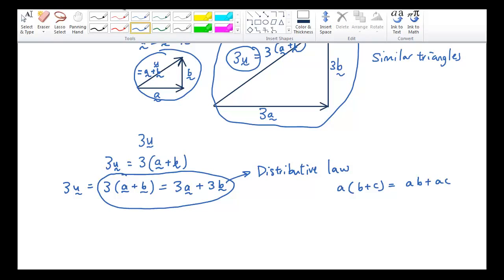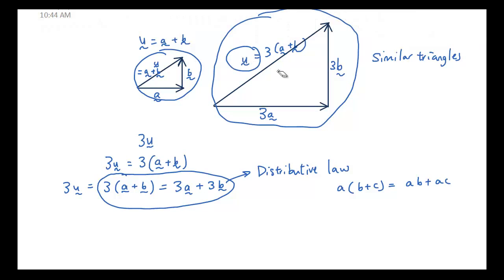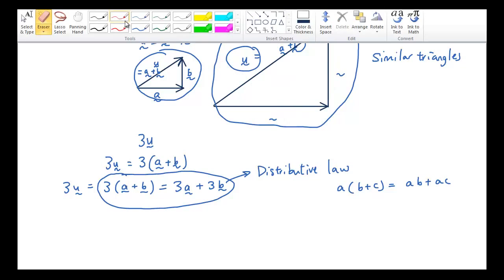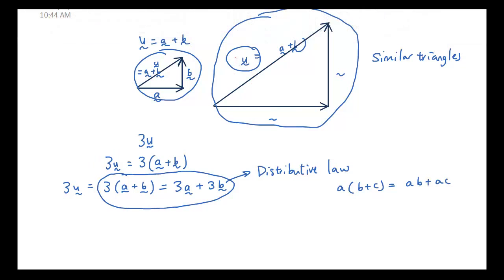So instead of writing 3, I could write just any number, I could write k. It doesn't matter what scale factor I multiply this triangle by, this distributive law will work.